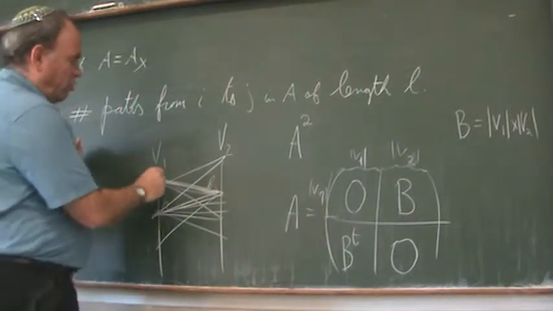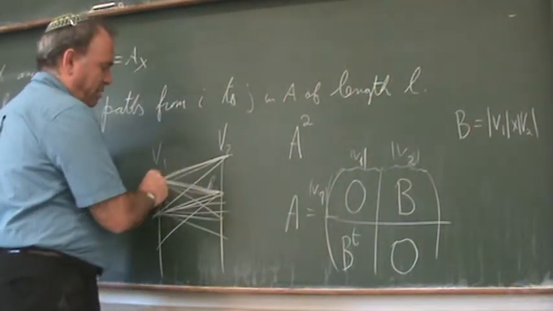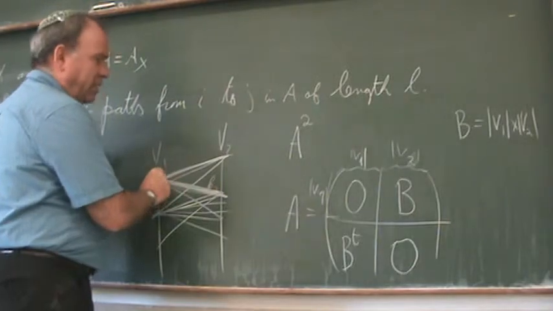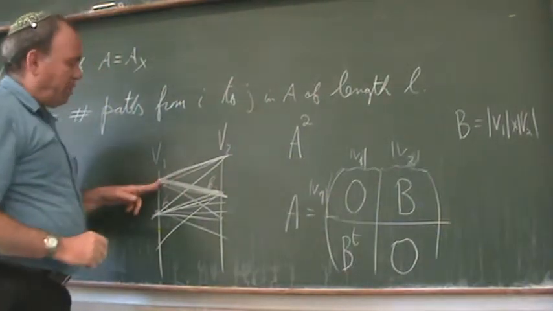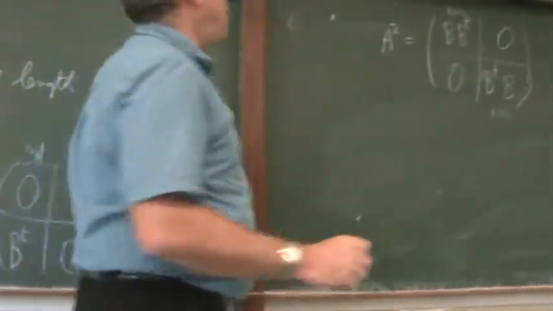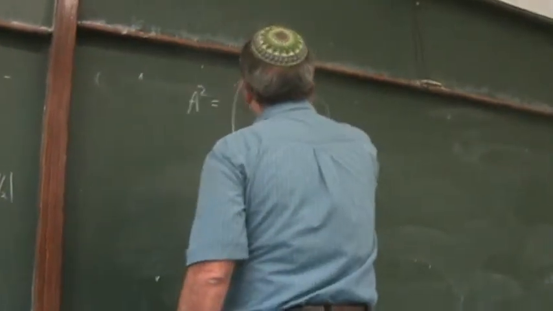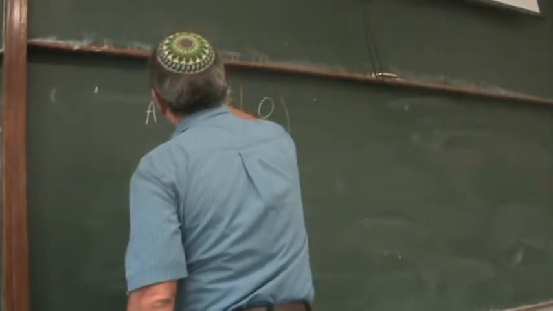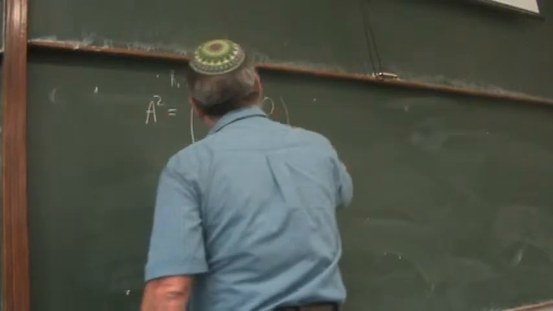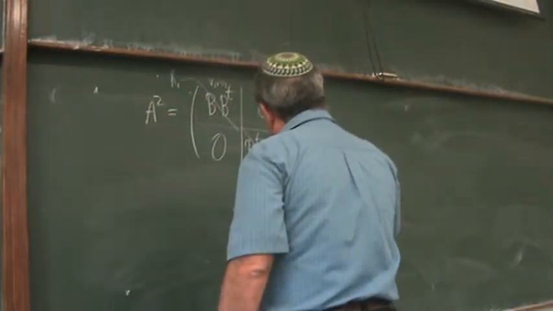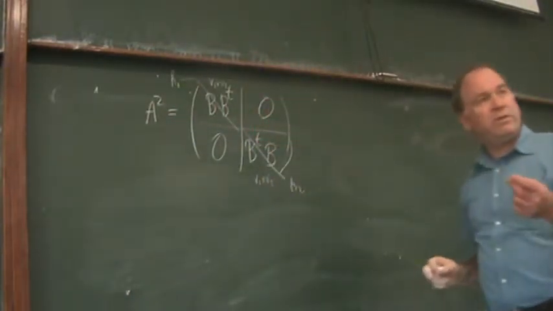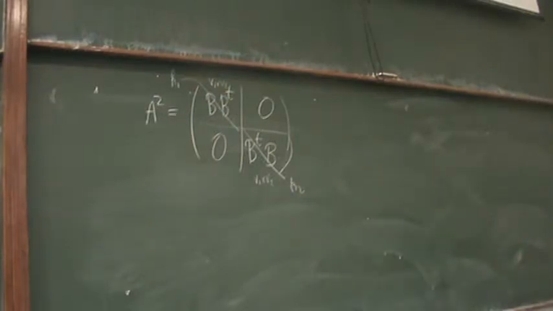Because I can go from here and come back. So the diagonal here will be K1, and the diagonal here will be K2. Do you see this? Because I start at a vertex in V1 and I have K1 ways to go and come back to the same vertex.